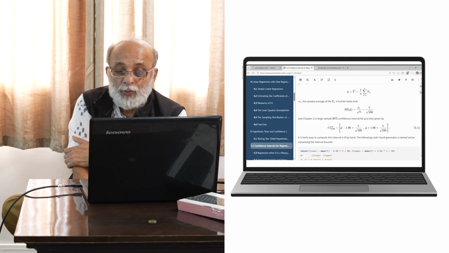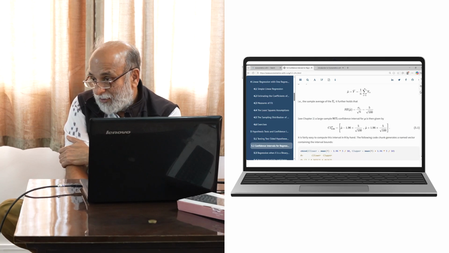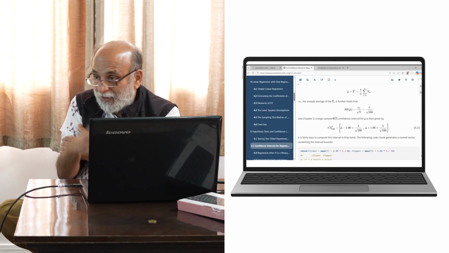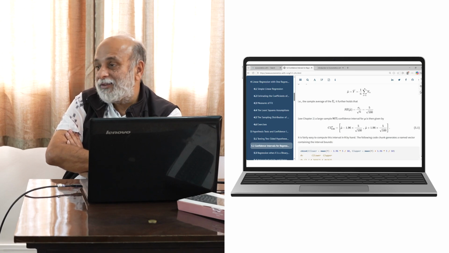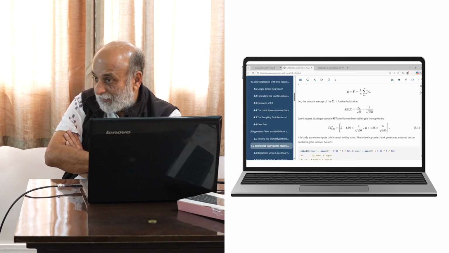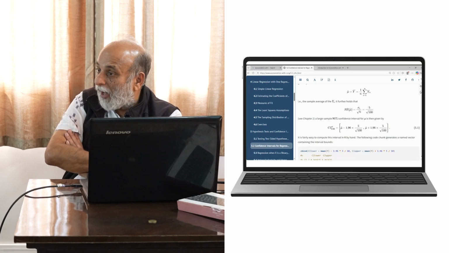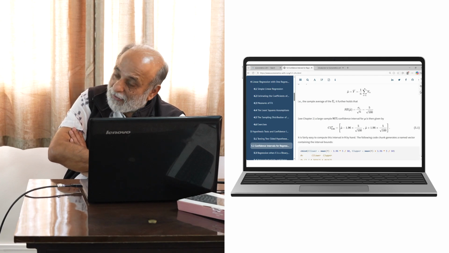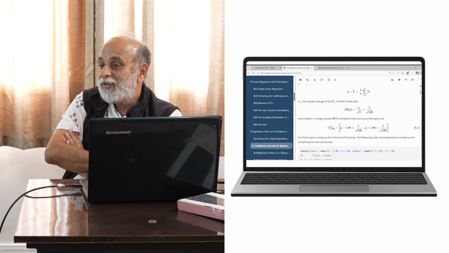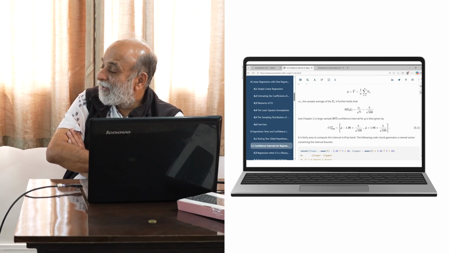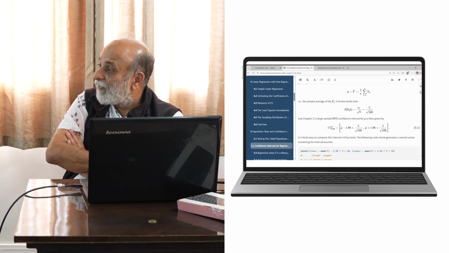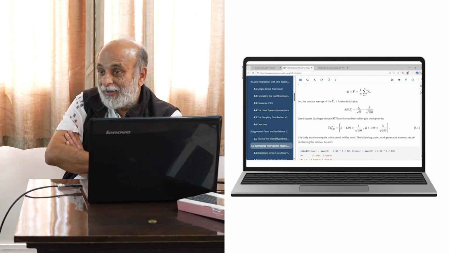Because sigma upon root n is the, we learned, no? If x1, x2, xn is a random sample of size n, if you calculate x bar, then x bar is a random variable which has the same mean as the population mean, but the variance is the population variance divided by n. We learned that, right?